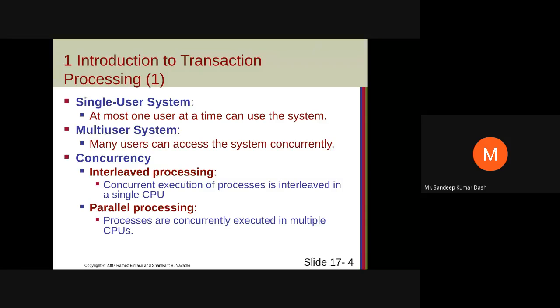That means every deduction that you are doing should take care of the other deductions also. It should not happen that at T1 time both are deducting two tickets and 48 tickets are left. There should be 46 tickets left, because two transactions have to be made effective. For one person two tickets will be deducted, for another person also two tickets will be deducted. So that part you have to take care of.